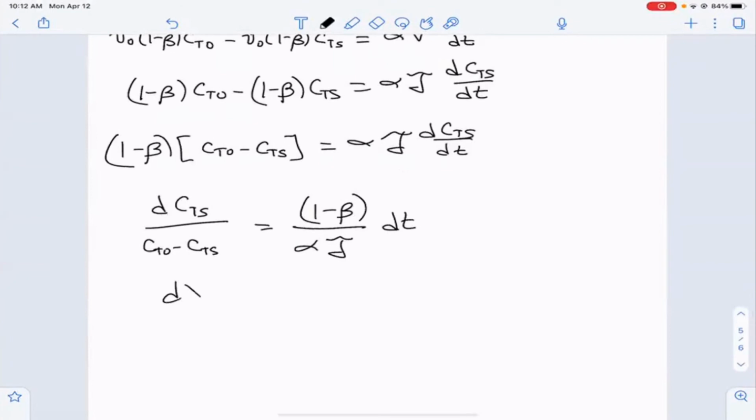You know that this is just dx over (a minus x), so that's one way to do this. I chose instead to just divide this side of the equation through by CT0. And then I would get d of CTS over CT0, over 1 minus CTS over CT0.